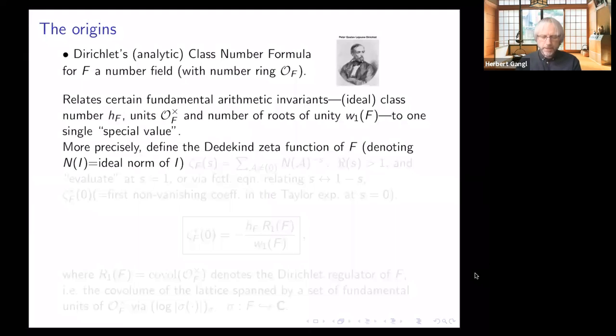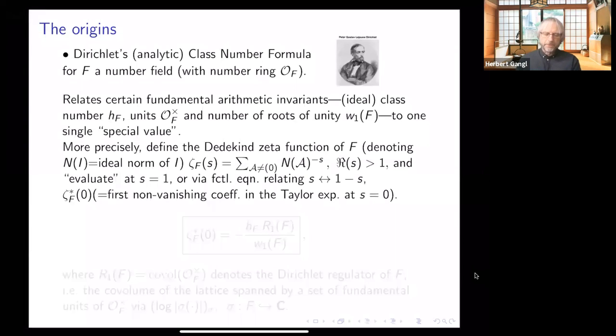Denoting, as usual, the norm N of I, the ideal norm of an ideal, we have the Dedekind zeta function defined as the sum over those norms, which is always defined for real part greater than 1, and we can even extend it to a meromorphic function away from the point s equals 1, where it has a simple pole.